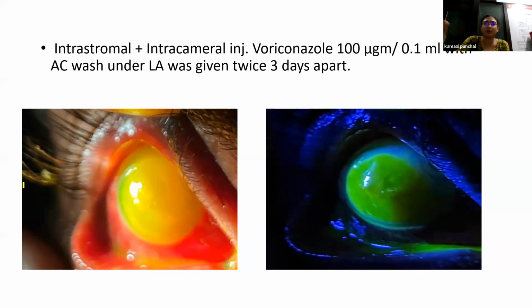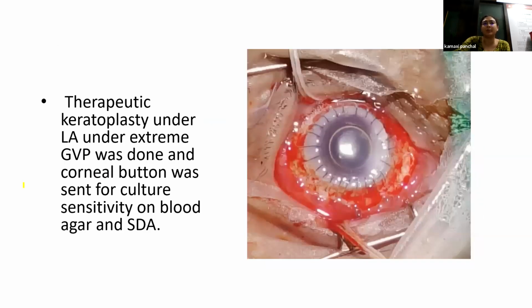Even after these injections, the ulcer was spreading towards the limbus and deeper into the corneal layer with endothelial exudate. So we posted this patient for therapeutic keratoplasty under LA under extreme GVP, and the corneal button was sent for culture sensitivity on blood agar and Sabouraud dextrose agar, which came positive for Fusarium on Sabouraud dextrose agar on 7th day post-operatively.